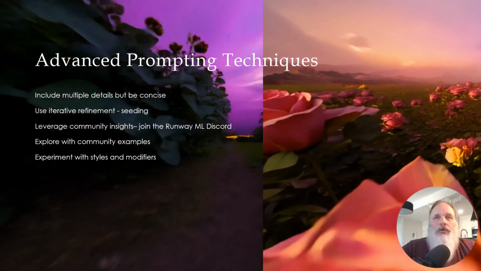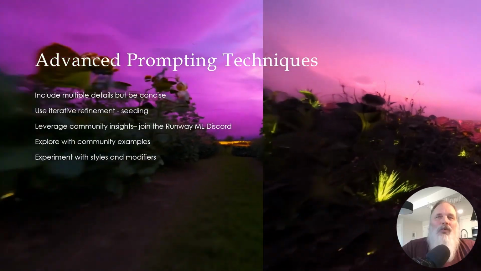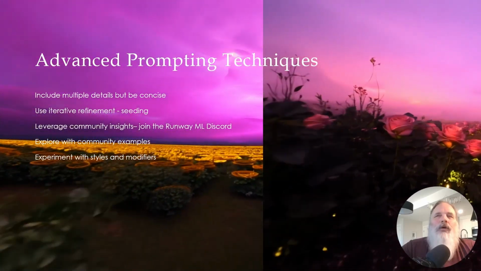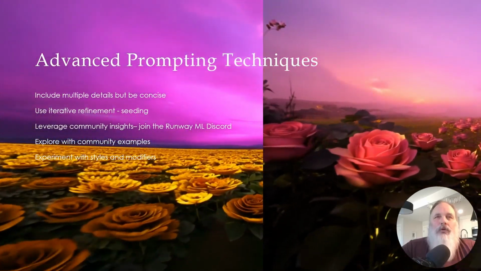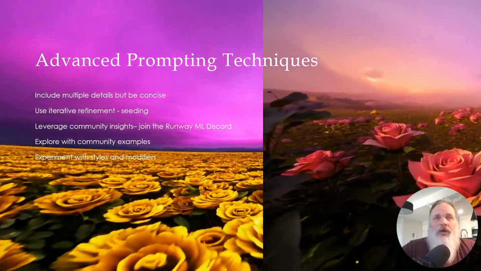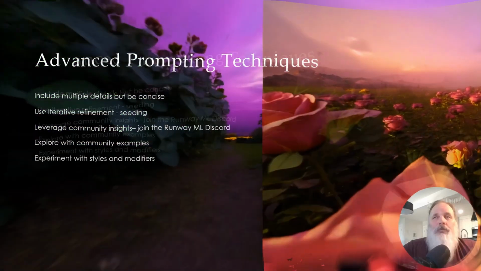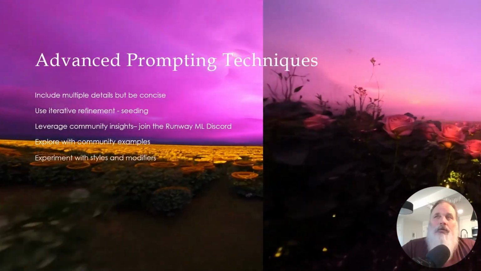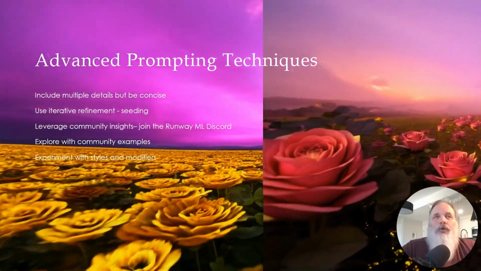Although the two shots you see on the screen were only changed by a couple words. Actually, I think one word. I asked on the left side for purple flowers and the right side magenta flowers in an alien landscape. And the right side did a little better, and I don't even know where the golden flowers come from.